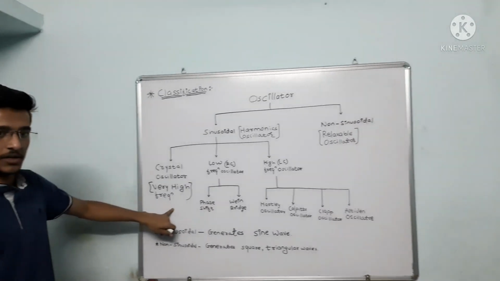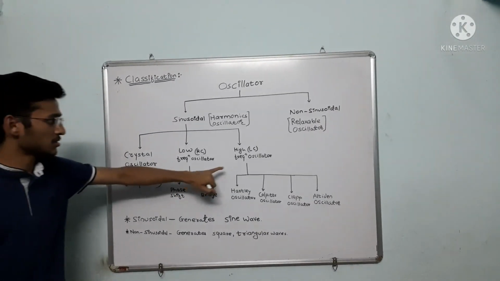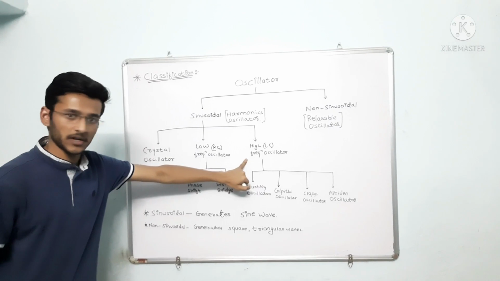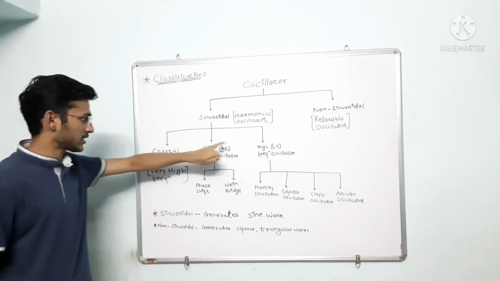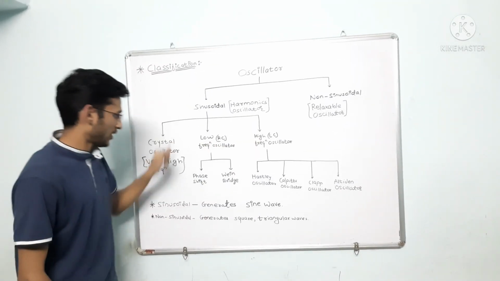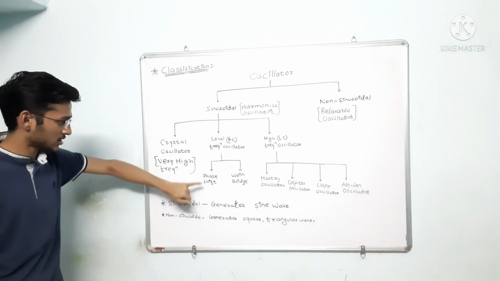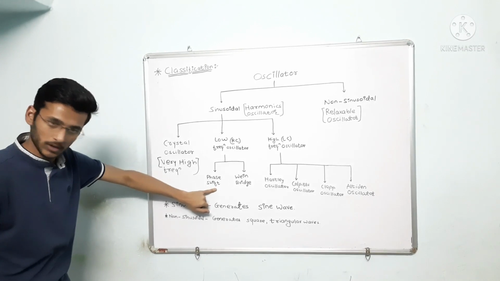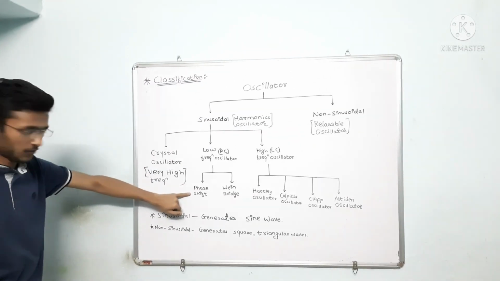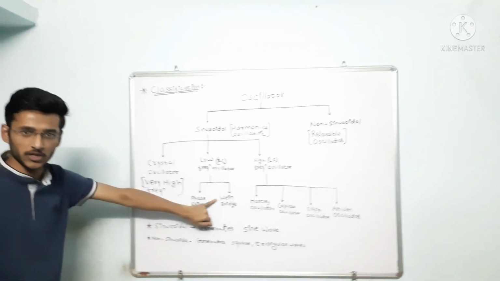The frequency generated in the crystal oscillator is much higher than the frequency generated in the LC oscillator and RC oscillator. RC oscillators are subdivided into two types, that is phase shift oscillator and Wien bridge oscillator.